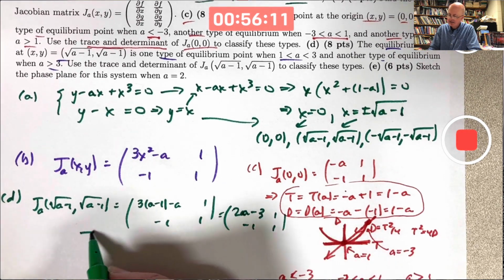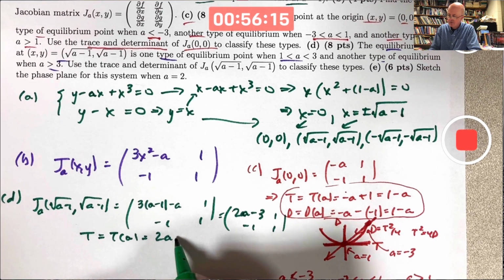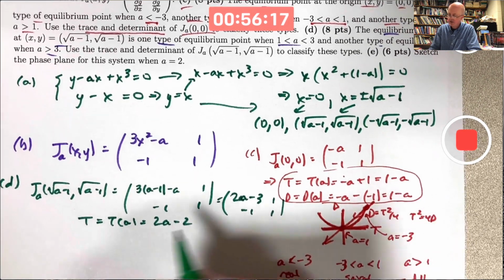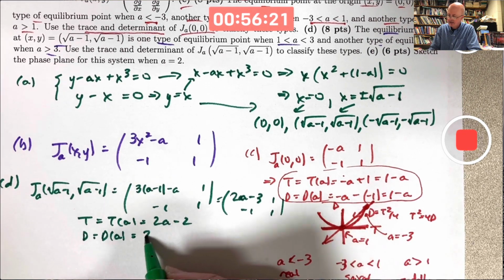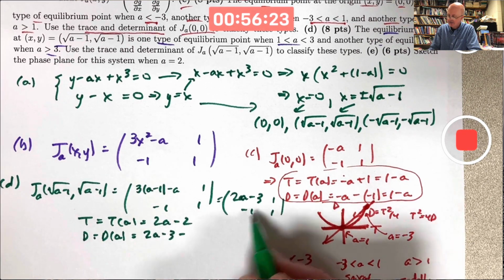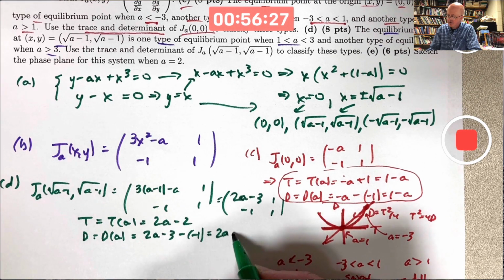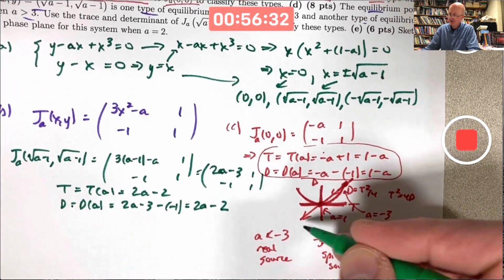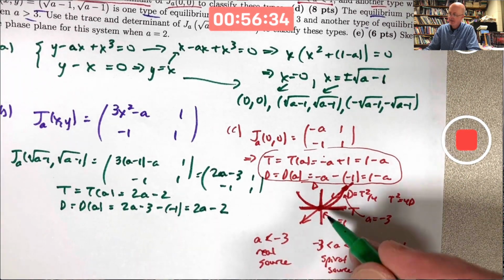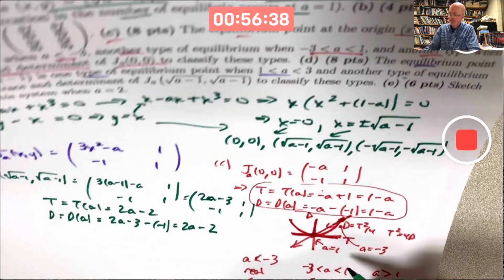So the trace, the sum of these two things, is 2a minus 2, 2a minus 3 plus 1, and the determinant also depends on a. It's 2a minus 3 minus negative 1, and once again, we got lucky, and the trace and determinant are equal, and that just makes it a little easier because in the trace-determinant plane you're on the line. I said y equals x before, but it's really d equals t.